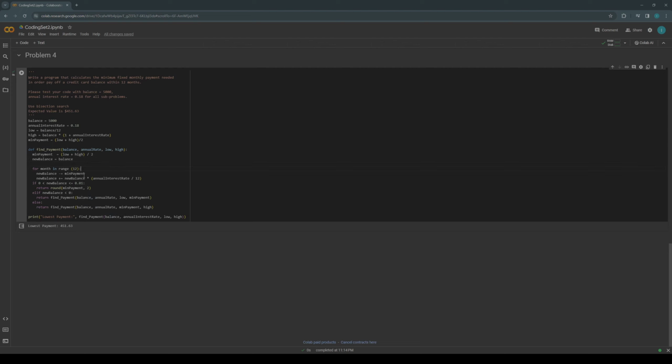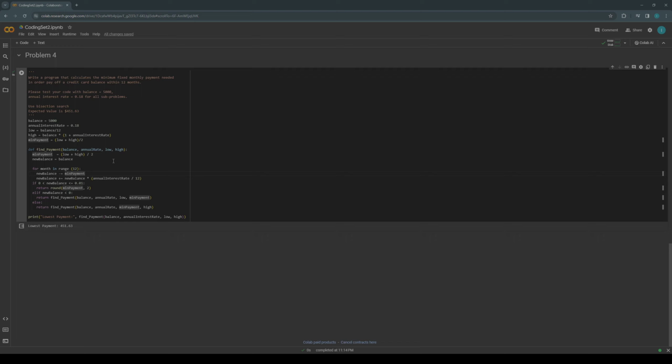So we are going to have a loop inside this function. So for month in range of 12, so we're going 0 to 12, which is going to be 12 months. We are going to take our new balance and subtract the minimum payment, and that's going to be our new balance after paying our minimum payment. Then we're going to add new balance times the annual interest rate divided by 12. That's just going to be adding our interest.